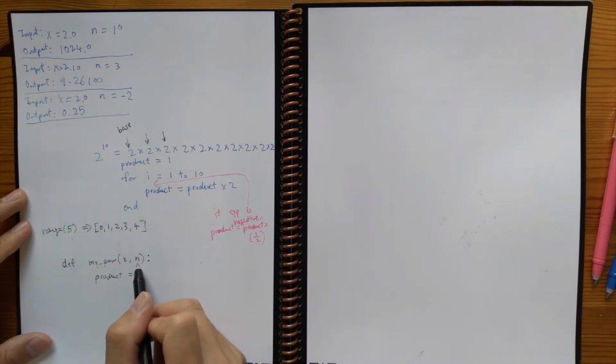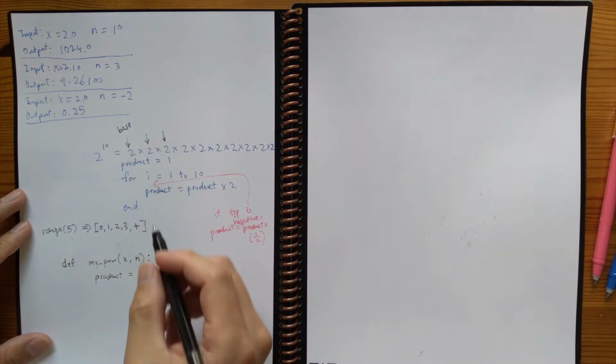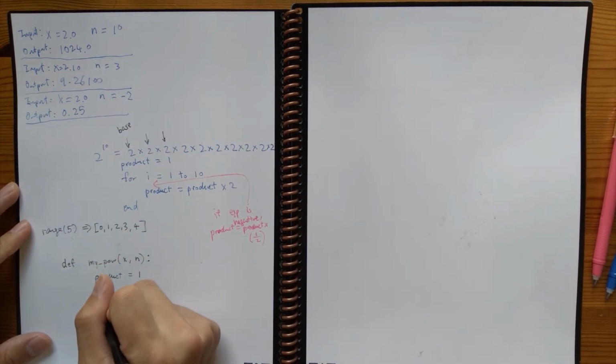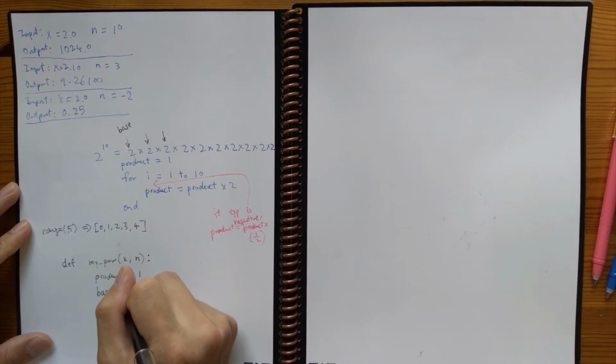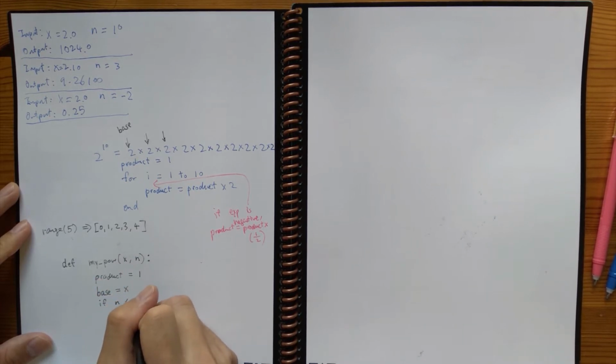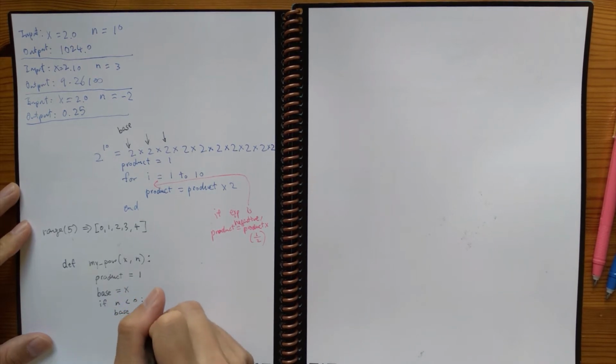If n is negative, I'm gonna have a base which is normally x, but if n is negative, then I'm gonna change the base to 1 divided by x.